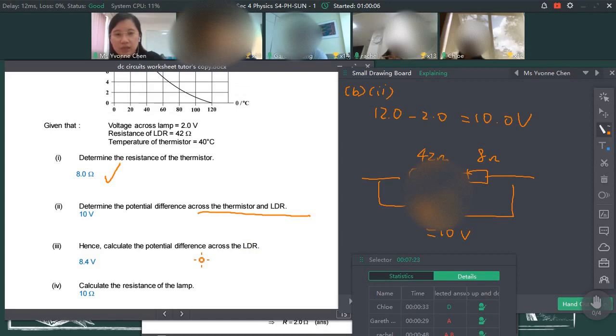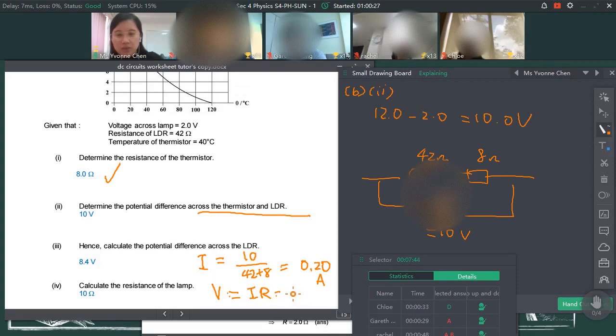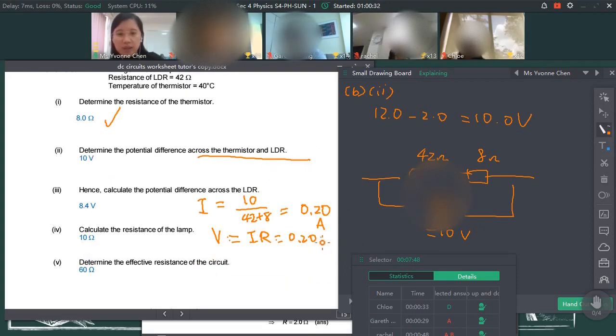You can say current equals 10 divided by 42 plus 8, which is 0.20 amperes. And the voltage equals I times R, which is 0.20 multiplied by 42, which is 8.4 volts.